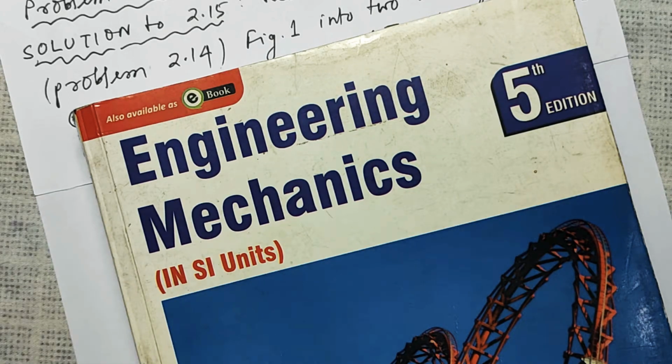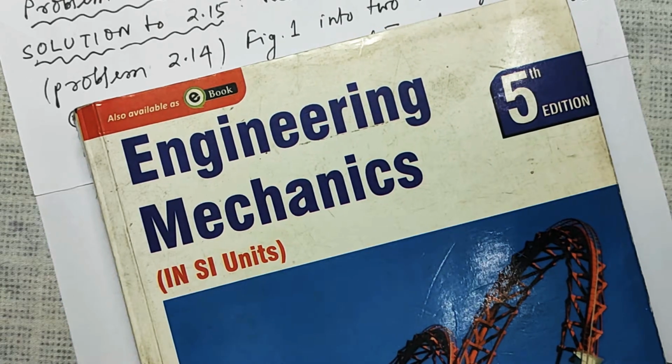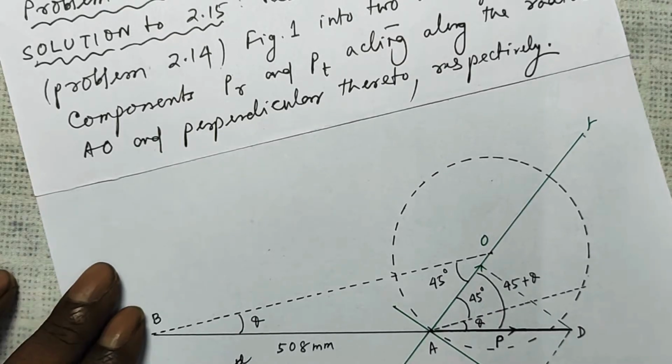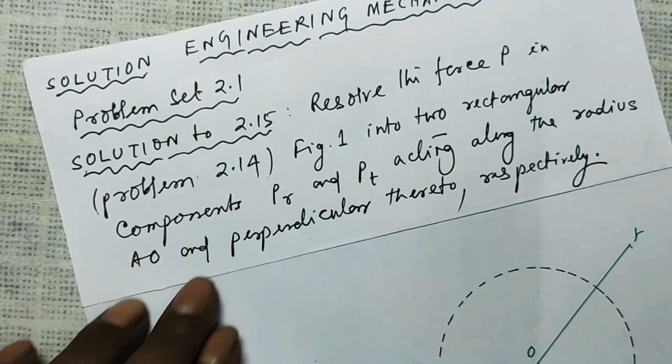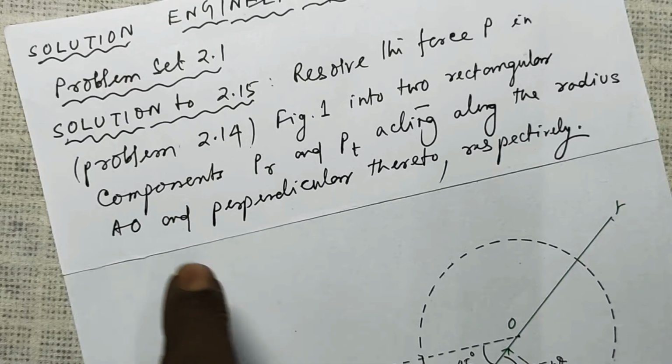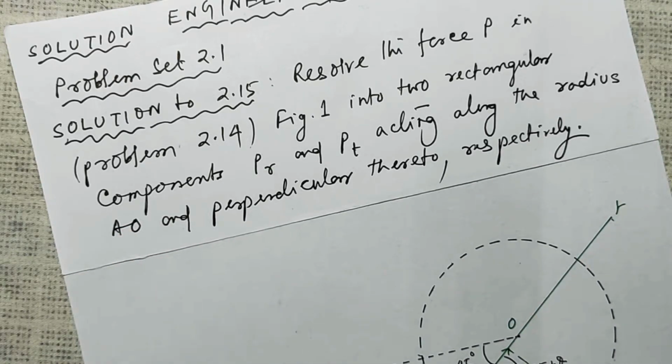Let us move on to the next problem from engineering mechanics. Problem set 2.1, solution 2.15. Before you do this, you must go through my previous video, where I discussed the solution to 2.14.